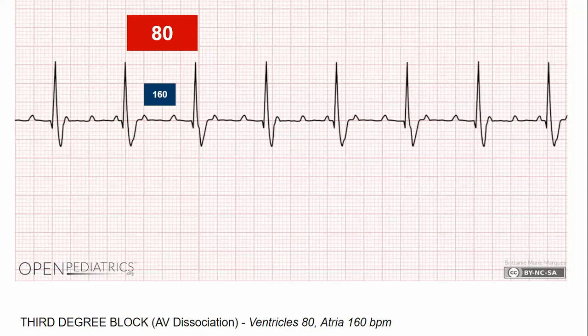We look for a P wave that happens to land on a line, just like this R wave landed on this line, and calculate the same way as up here. 300, 150, so a little bit faster than 150 is about 160. We can easily see that the atria are going about twice as fast as the ventricles. If that's the case, we have a case of AV dissociation.